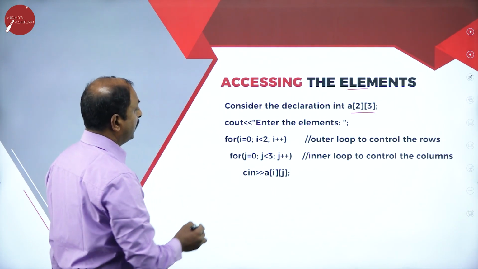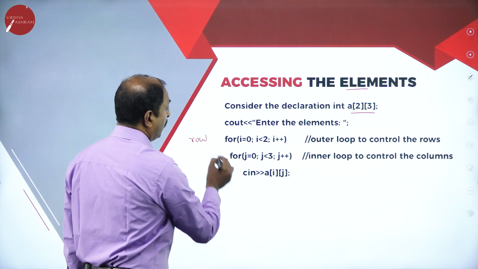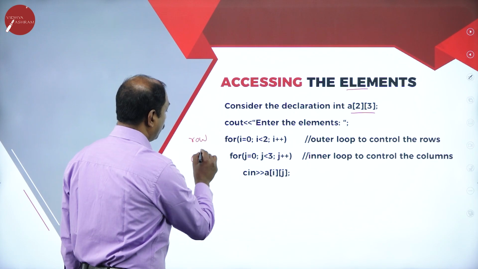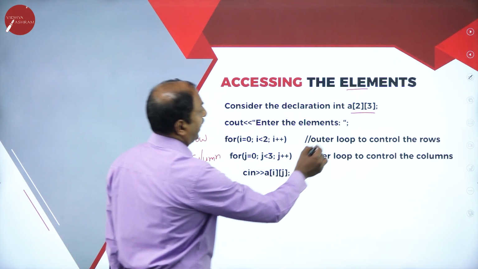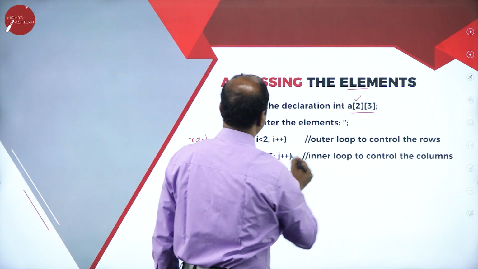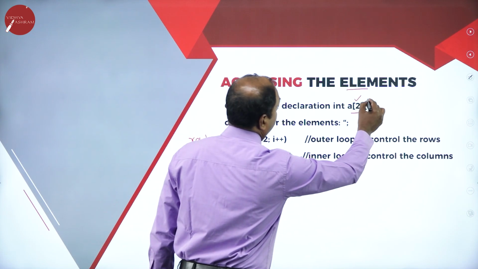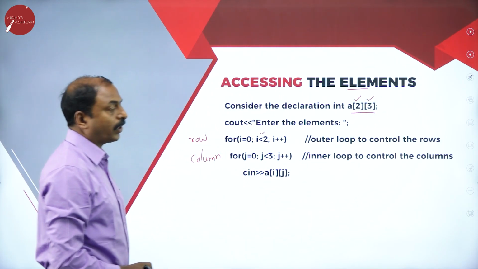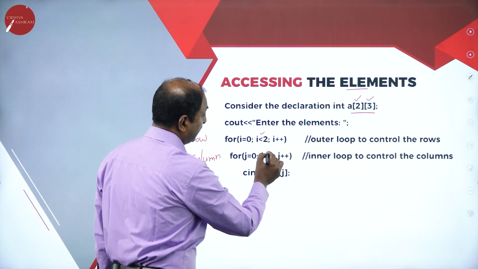Please observe this. This is the i element, which stands for row, and we are using j, which stands for column. In this example, as per the syntax, there are two rows, so the outer loop starts from 0 up to 2, and the value of column is 3, so the inner loop starts from 0 up to 3.